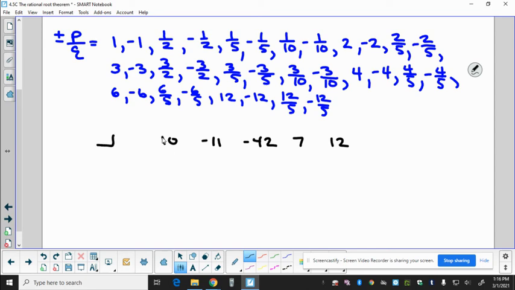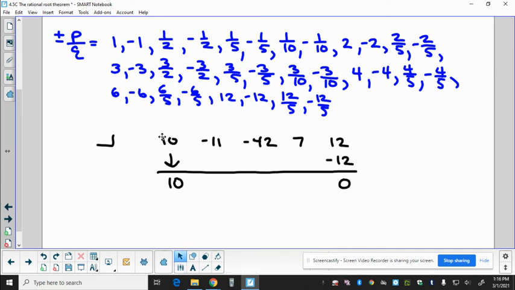Unknown number going in there. We know that that 10 will drop down here. And we know our remainder's got to be 0. So this number under the 12 has got to be negative 12. So what we need to do is try to figure out what number from that list will work.